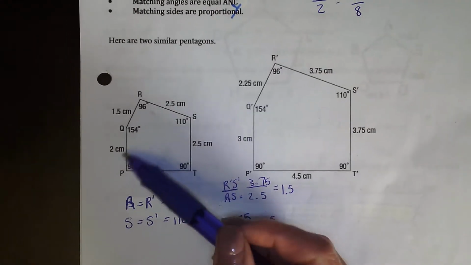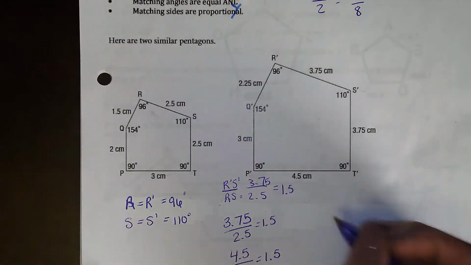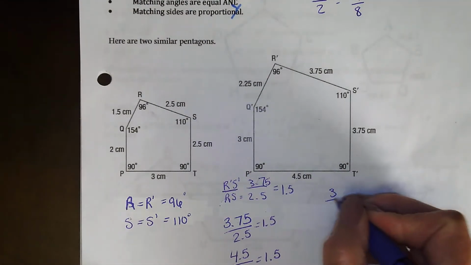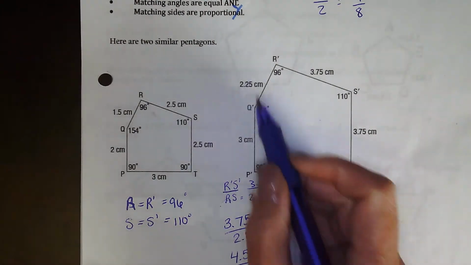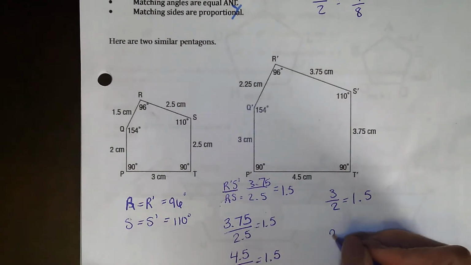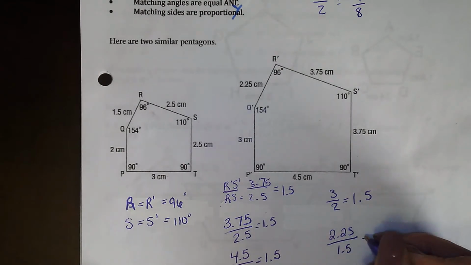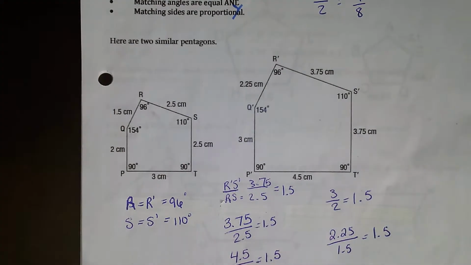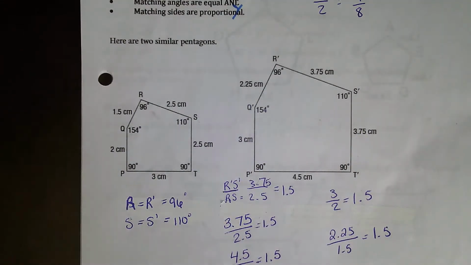Then I could try along the side here, PQ and P'Q'. So we've got 3 divided by 2. Yes, that's 1.5 as well. And lastly, the 2.25 and 1.5 equals 1.5. So if they all equal 1.5 when you divide them, the larger divided by the smaller, in this case my scale factor is 1.5.